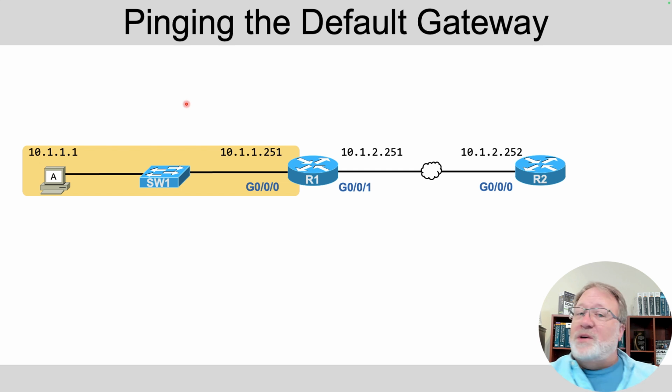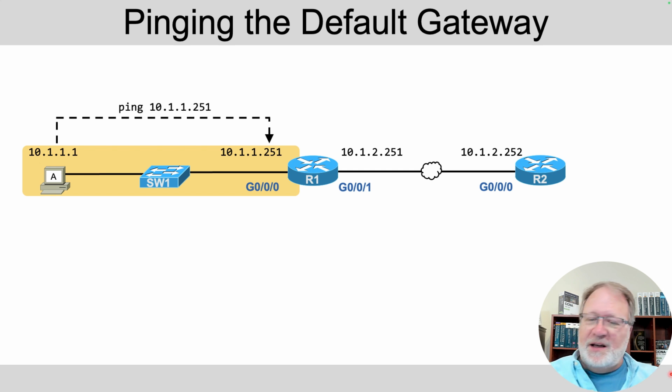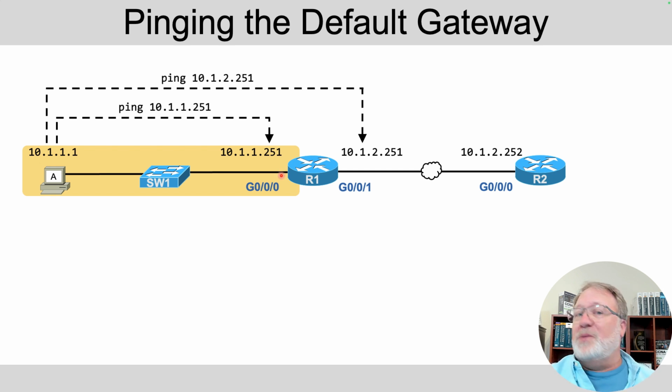We can do a different ping command here from host A then. And now let's ping router R1. But instead of just pinging router R1's nearby address, we could ping a couple of different addresses because they're routers. They have multiple interfaces. They have multiple IP addresses. So let's compare and contrast these.